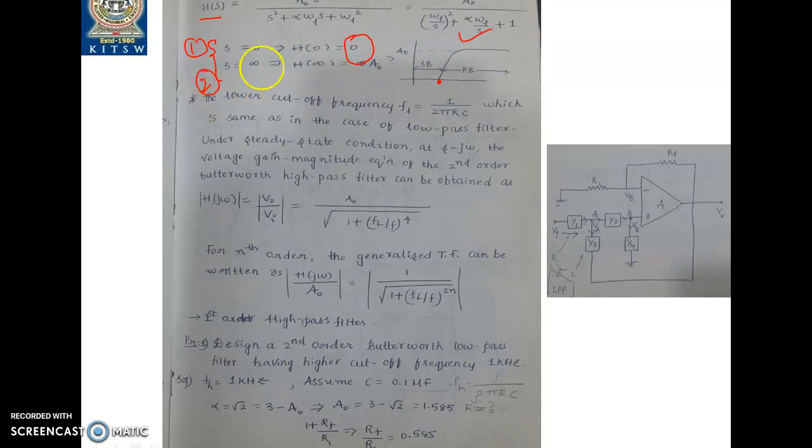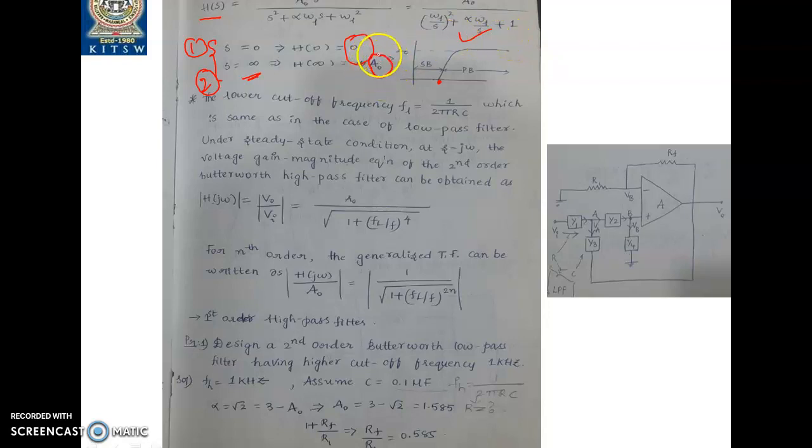And what is the second point we need to observe? If you substitute s equal to infinity, what will happen? Something by infinity is 0, here also something by infinity is 0. 0 plus 0 plus 1, so overall we get 1 in the denominator. That is A0 by 1. So what is the total response?